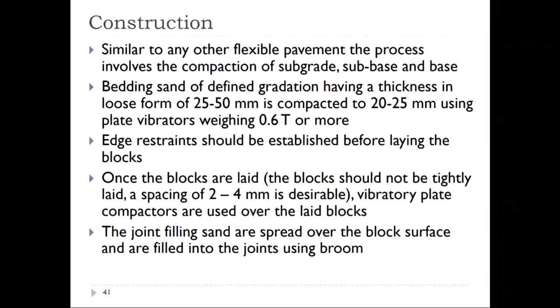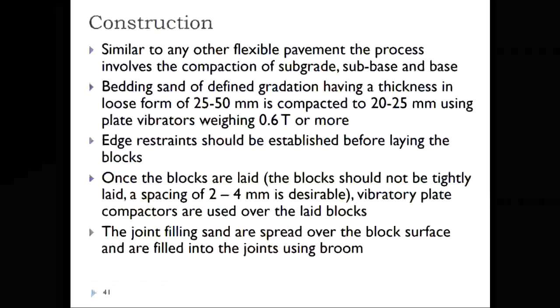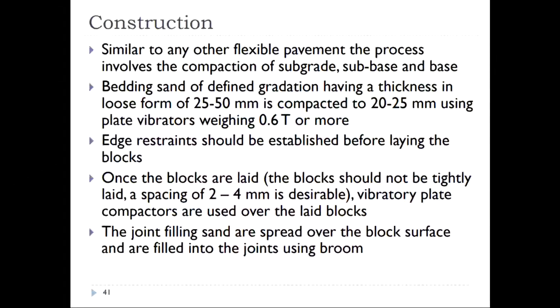Now coming to the construction side, the construction is similar to the construction of any other flexible pavement. You need to compact the subgrade, subbase, and the base. The success of an interlocking block pavement depends upon how well you are compacting your lower layers. You need to have a firm, non-erodable base.